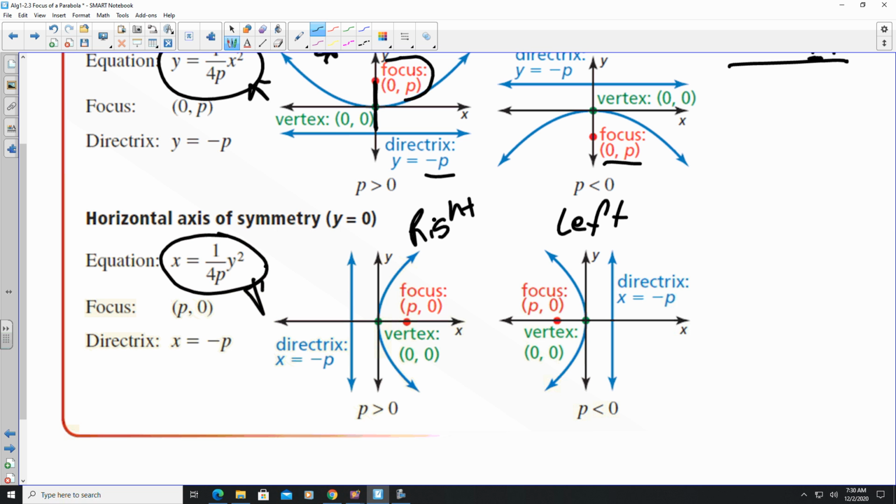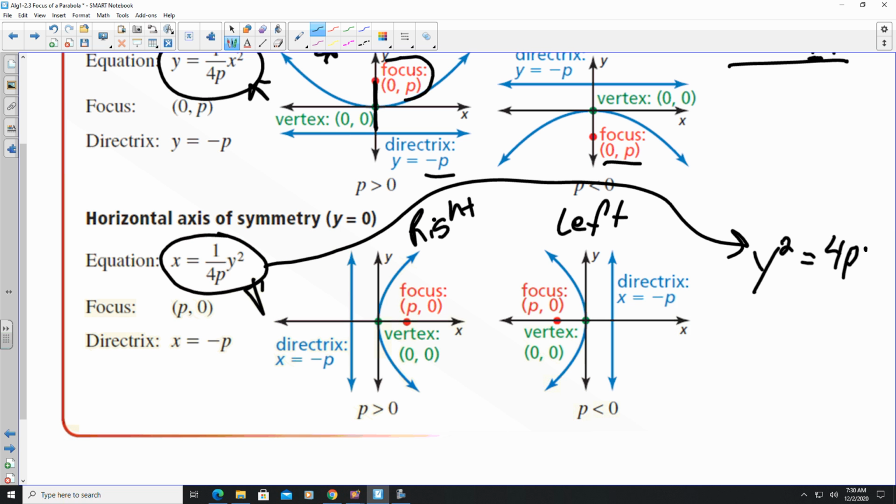And again, I prefer to rewrite this one with the isolation of the variable that's squared. So this is going to be y squared is equal to 4px, where again, p is my value for the focus. And if p is positive, it's opening up to the right like it is here.